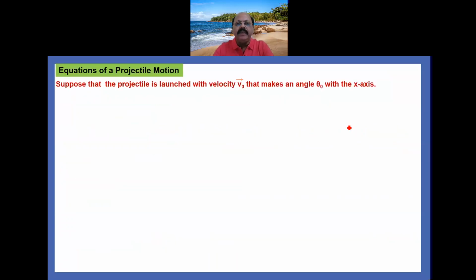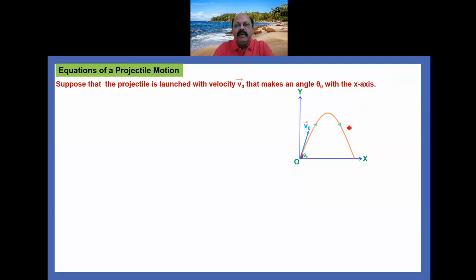So for that purpose, suppose the projectile is launched with velocity v0 vector that makes an angle theta naught with the x-axis. You see here, this is the velocity vector, this is the initial velocity by which a projectile is projected, which makes an angle theta with the x-axis.